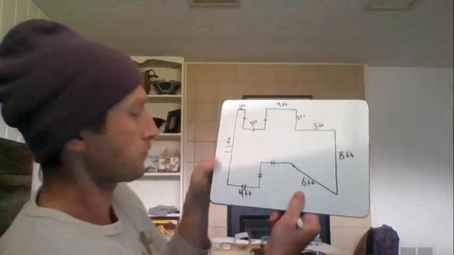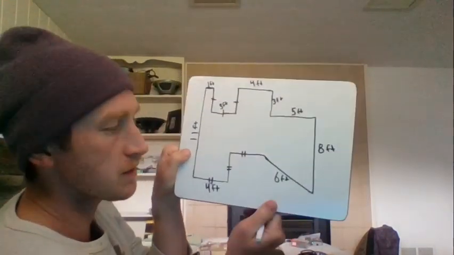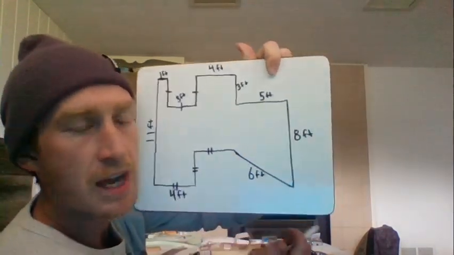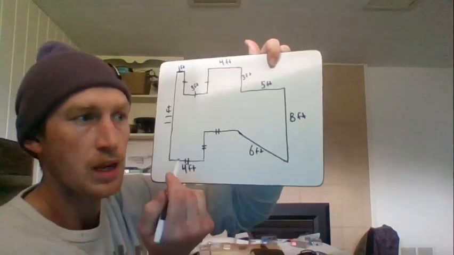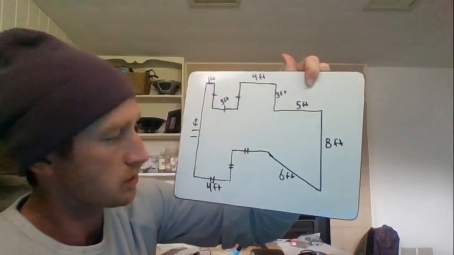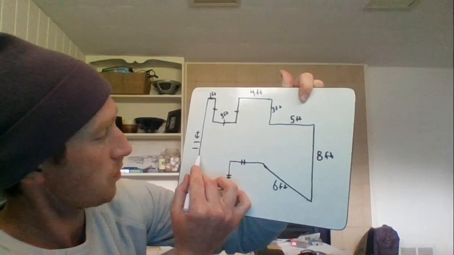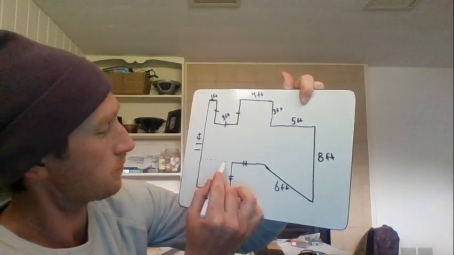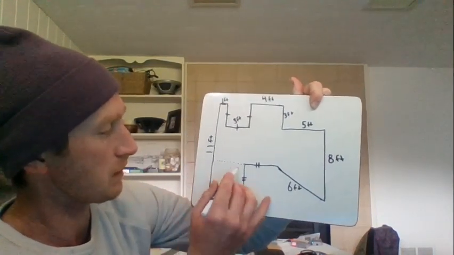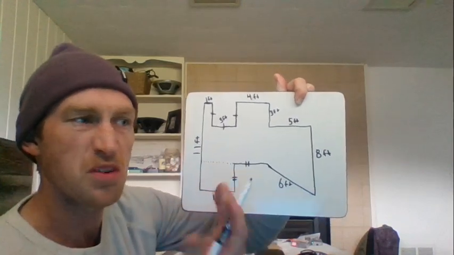There we go. Where are some spots that I could draw imaginary lines to make rectangles or squares? Well, I could put one right here. I'm going to put a dotted line. That makes this space into a rectangle or square.